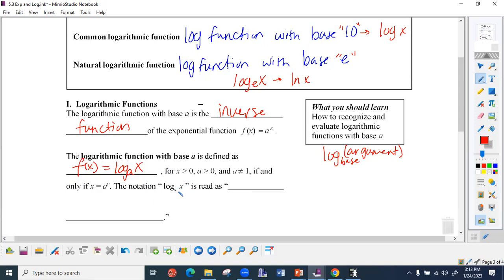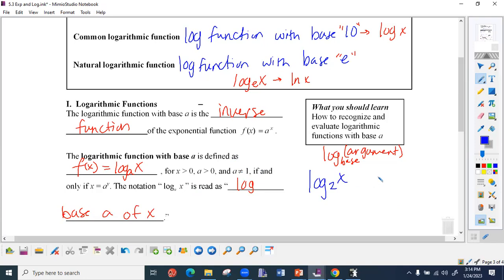The notation log base a of x is read as log base a of x. So let's do kind of like a class read aloud. If I wrote log base 2 of x, what does it say? Log base 2 of x. There we go.